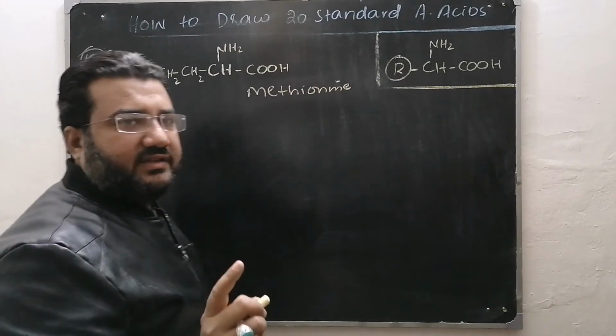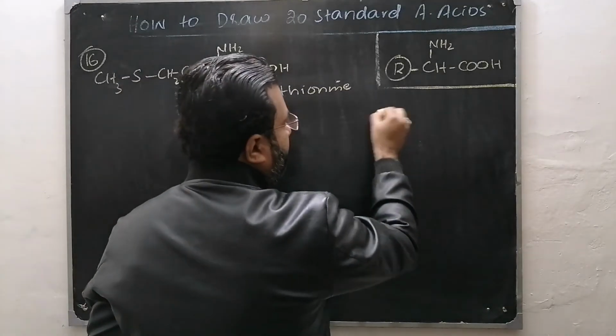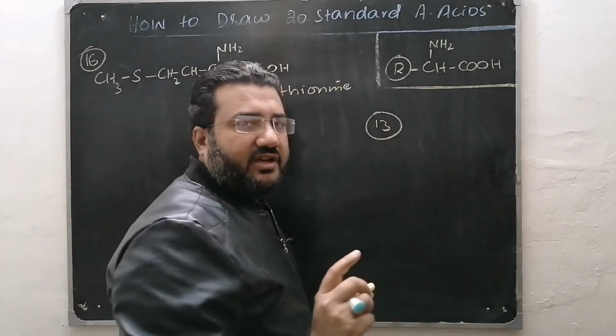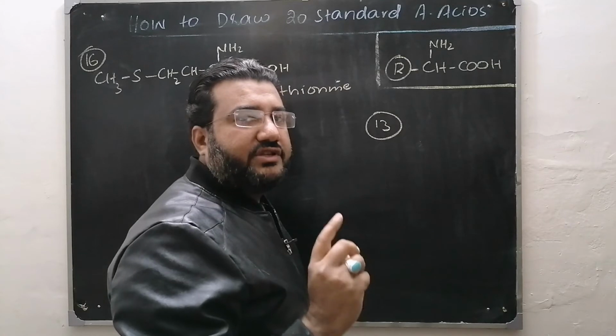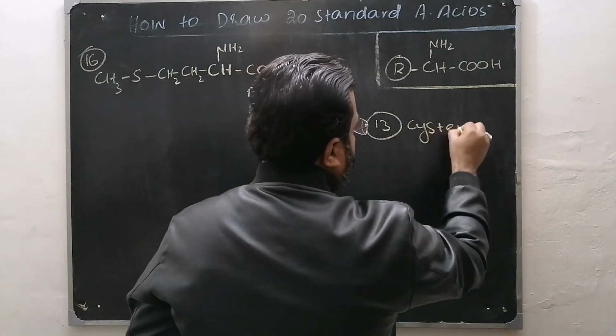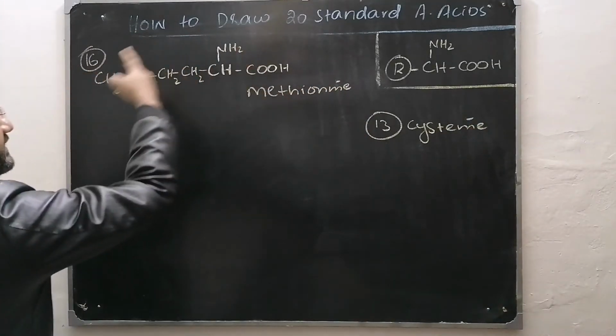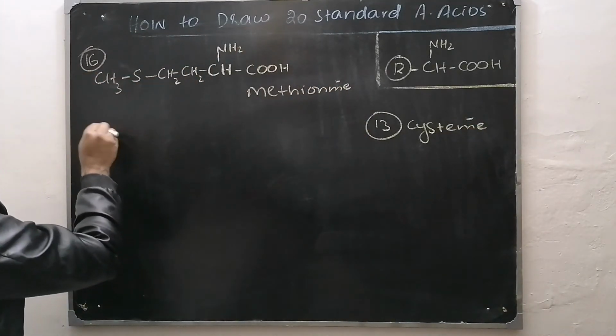And please students, rectify one mistake. I have committed a mistake: on the 13th number, the structure of the amino acid that I have drawn was not of methionine, rather it was of cysteine. So please rectify this mistake. This one is the structure of methionine.